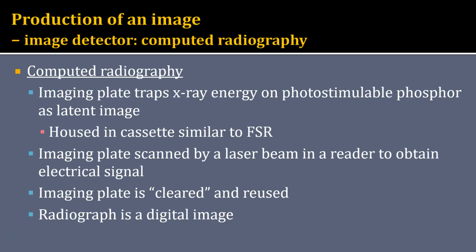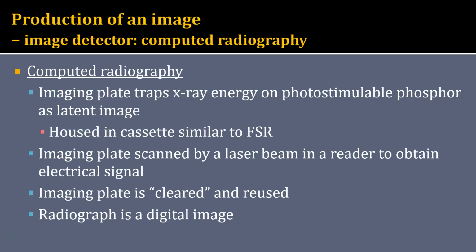Much more commonly now, we are moving from film screen radiography into a form of digital radiography. There are two basic forms. The earliest one was computed radiography, where our image detector is an imaging plate that can trap X-ray energy on a photostimulable phosphor that gives us a latent image.